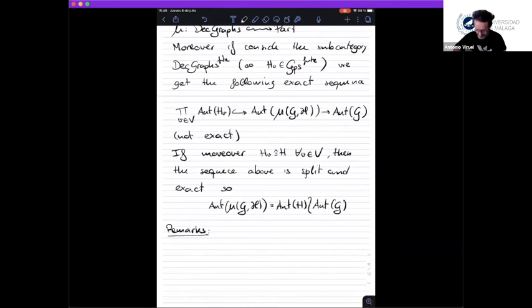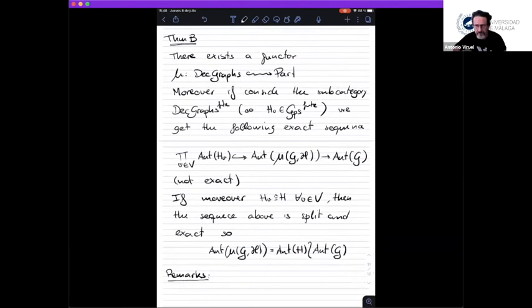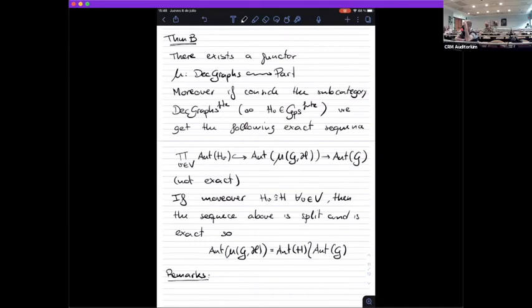No, we didn't understand the sequence when all the H_v are the same group H. You said the sequence above is split and exact, or not exact. And is exact. So I mean, yeah, it splits because it is exact, right?